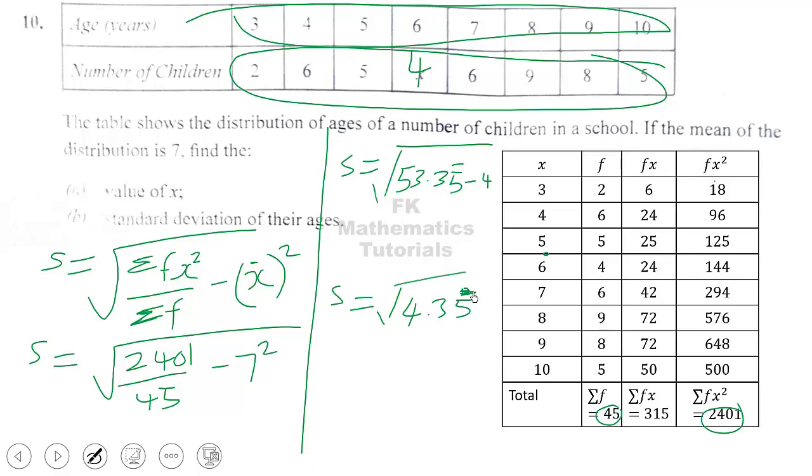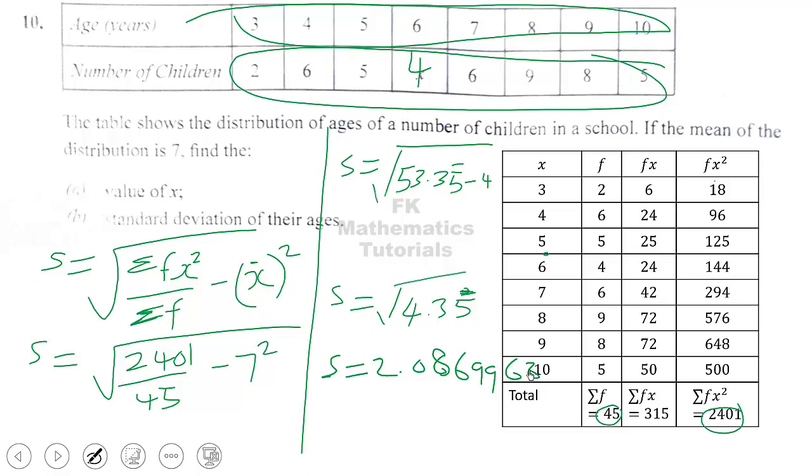So square root of this answer will give us 2.08699968. So to how many decimal places?